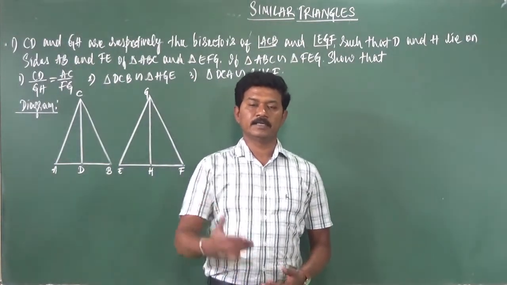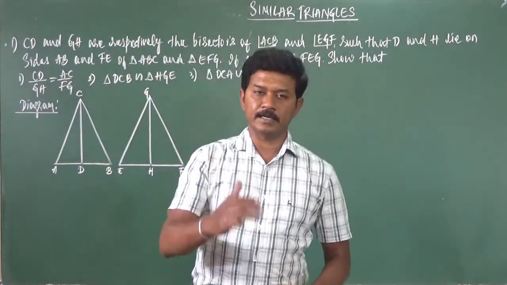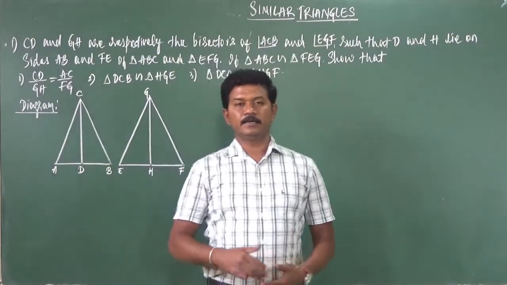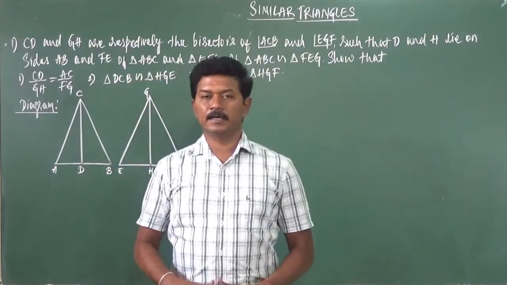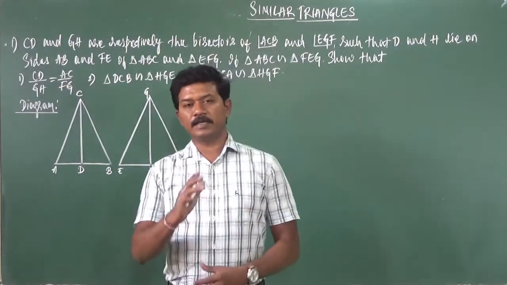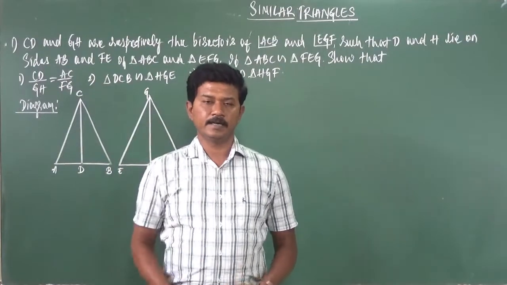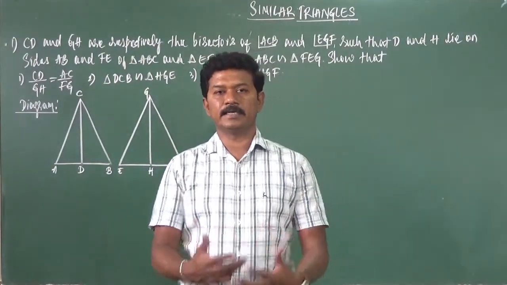So this is called SAS similarity criterion. And when we discuss SSS similarity criterion, if 3 sides of one triangle are proportional to the 3 sides of another triangle, then both the triangles are said to be similar based on SSS similarity criterion. So with this basic knowledge, we can enter into today's riders.